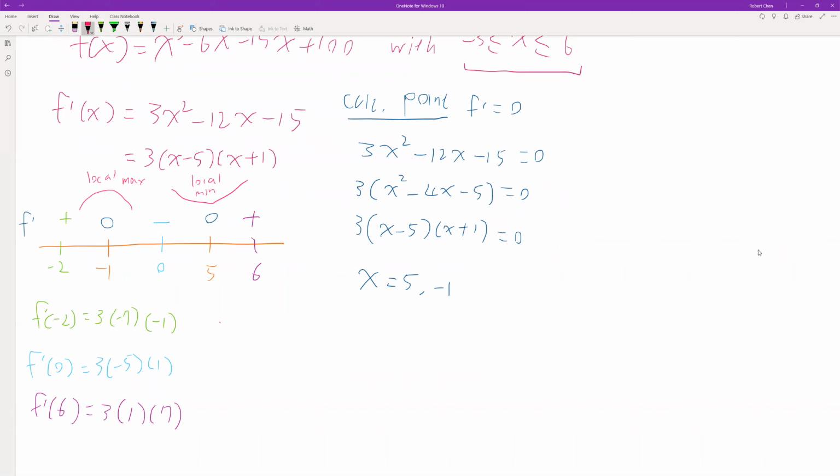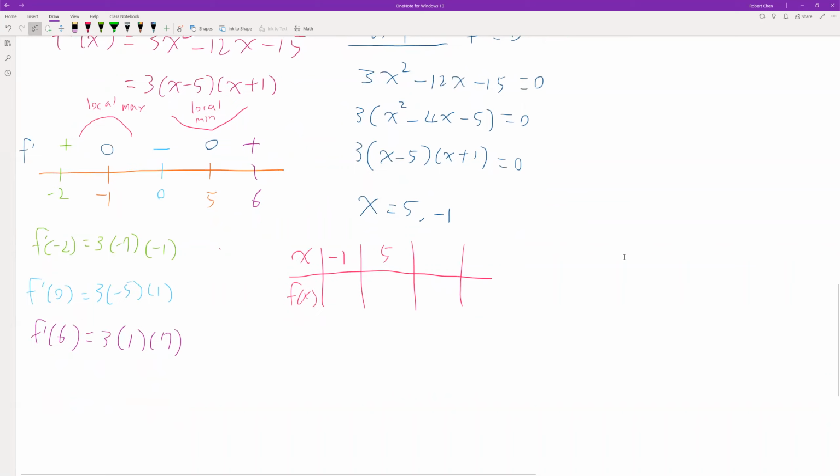Okay, so we have a local max and a local min. Let's go ahead and find their values. So x and f of x. Let's do the critical points first, so -1 and 5.